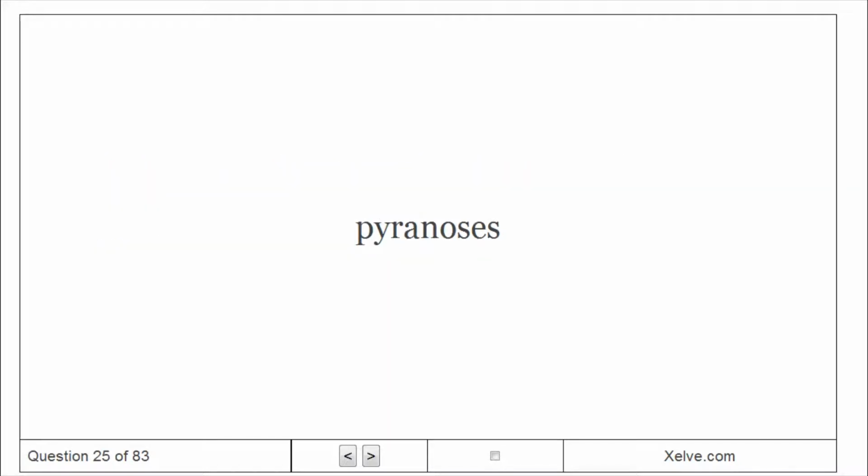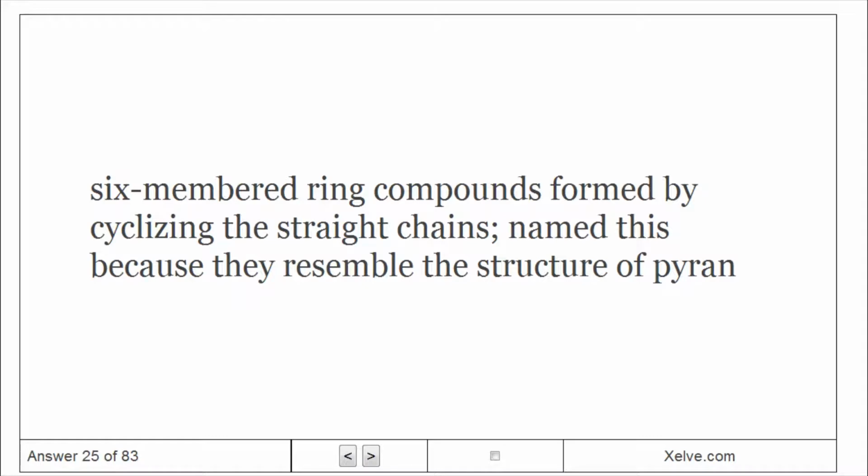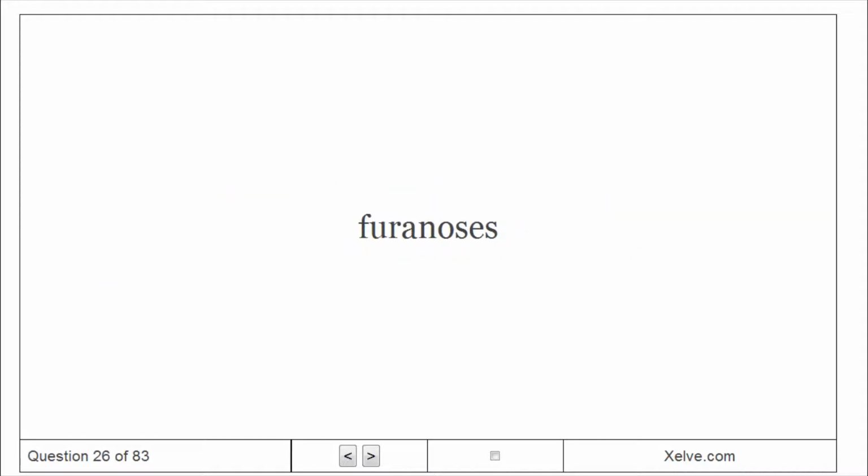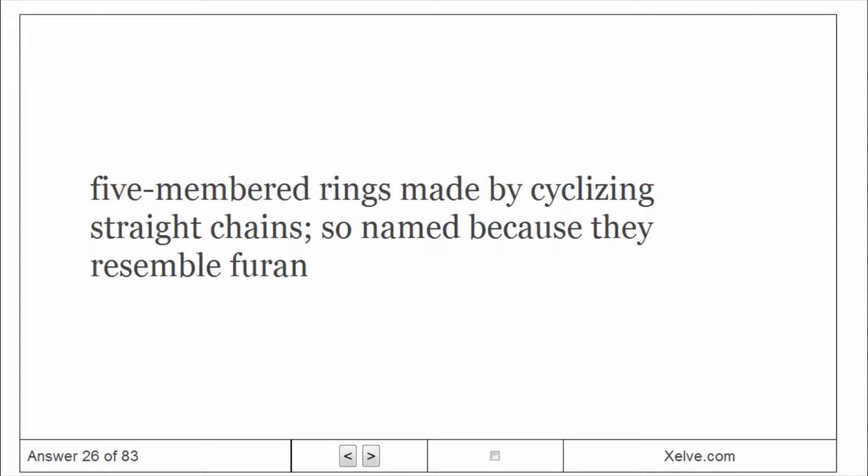Pyranoses. 6-membered ring compounds formed by cyclizing the straight chains, named this because they resemble the structure of pyran. Furanoses. 5-membered rings made by cyclizing straight chains, so named because they resemble furan.